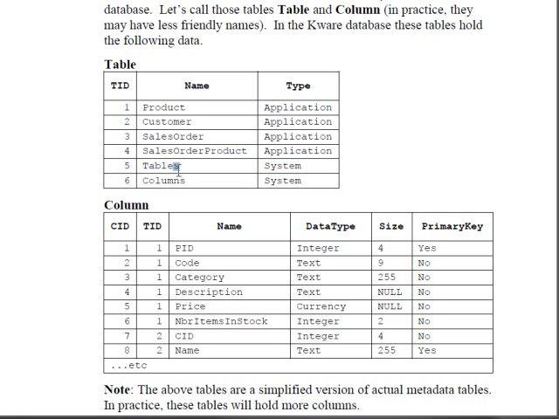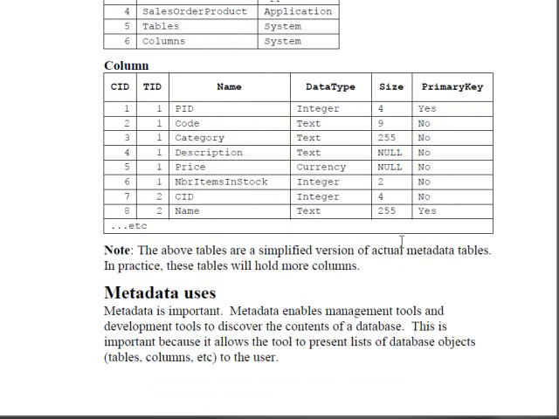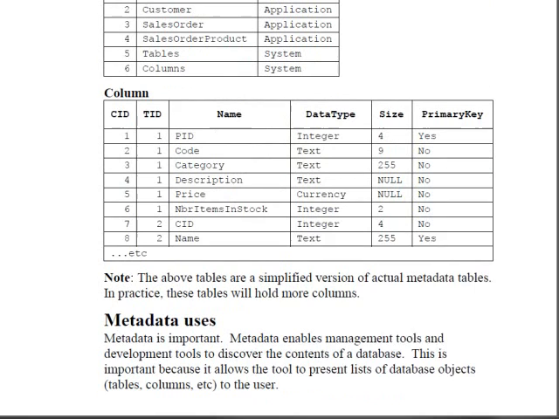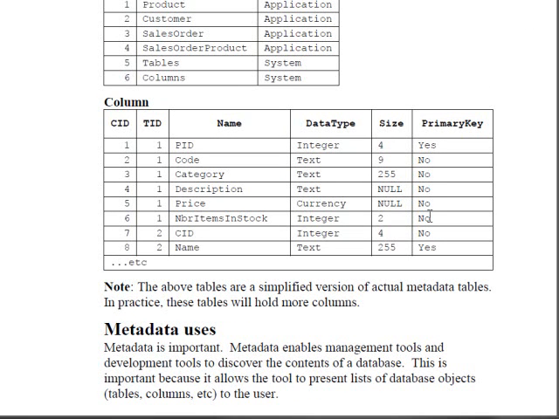One called table, singular, I'll have to edit that before I publish this, and one called column, singular, the table and the column table. The table describes the tables in the database. The column table describes columns in the database. Let's have a look at that.